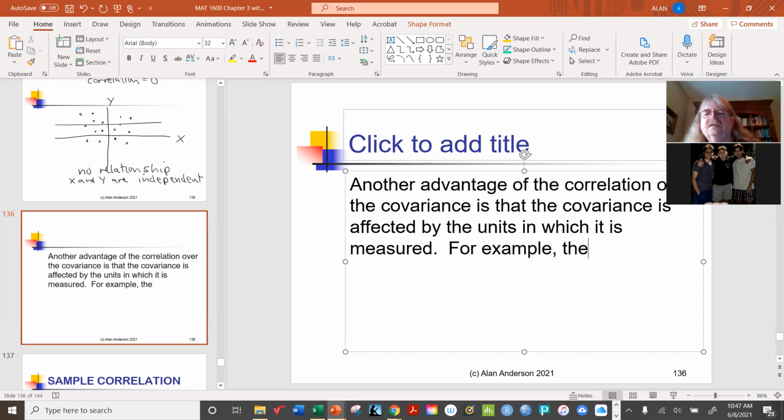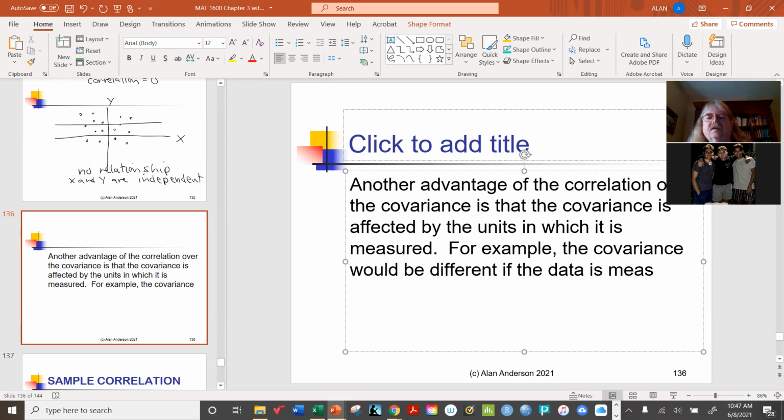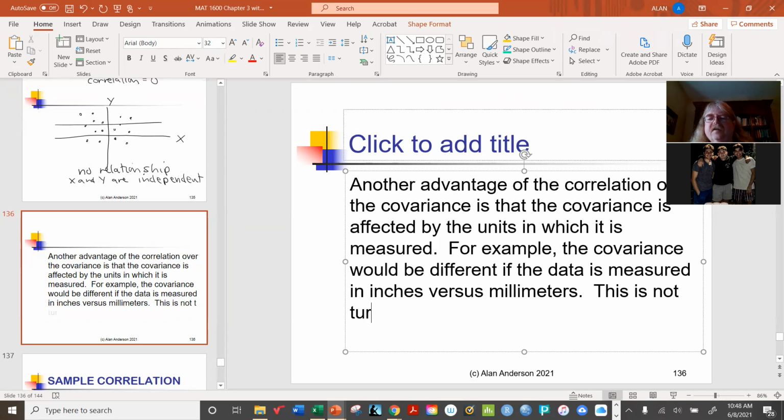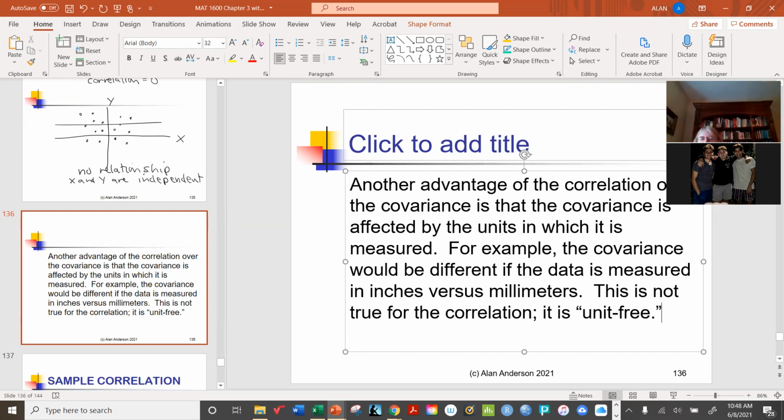Sorry, the covariance would be different if the data is measured in inches versus millimeters. This is not true for the correlation. It is said to be unit free. Okay, so that's another reason.